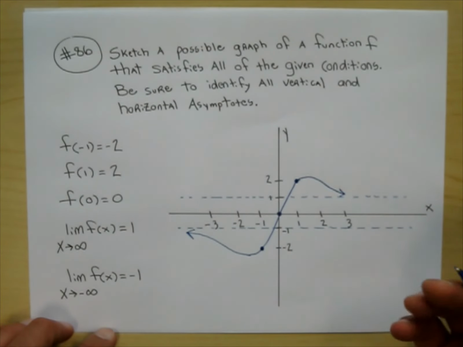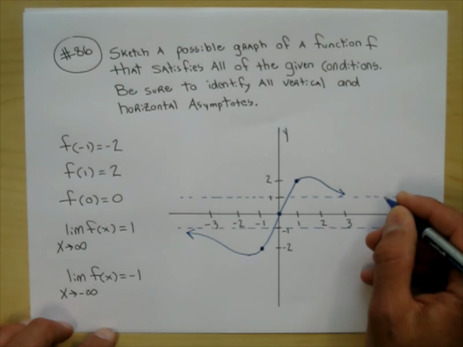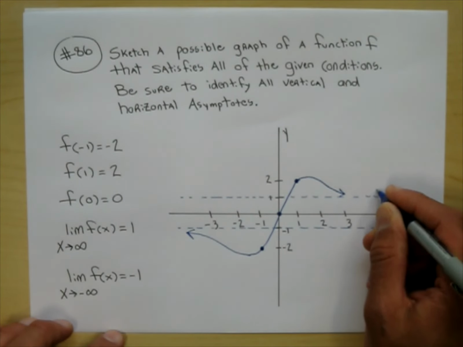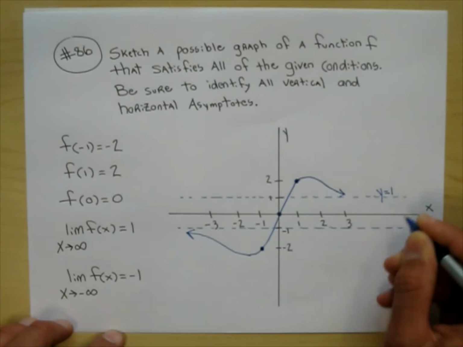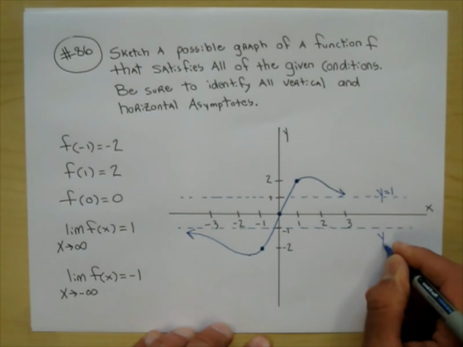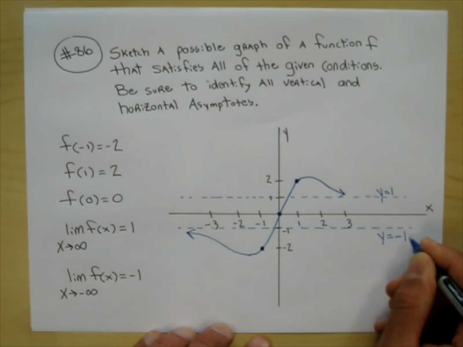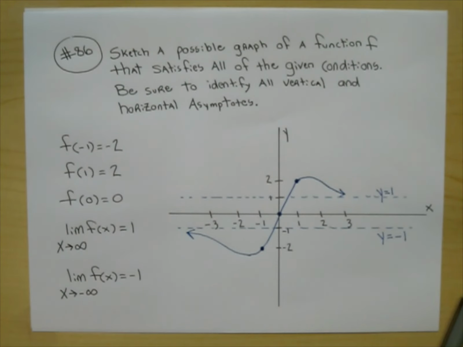Well, I don't see any vertical ones. But maybe problem 87 has one, and I'm going to say, well, this one is y equals 1, and down here is y equals -1. And so that is how you do problem number 86 in your book.